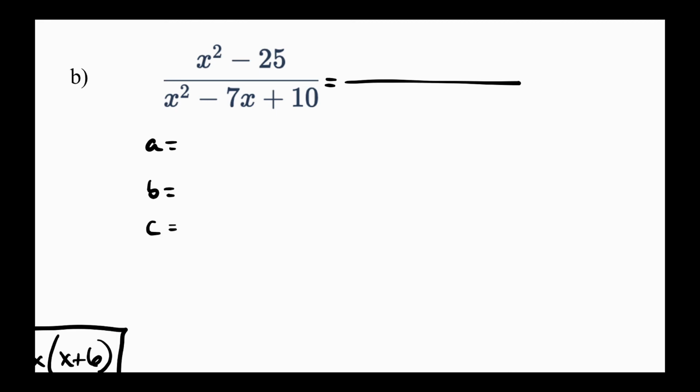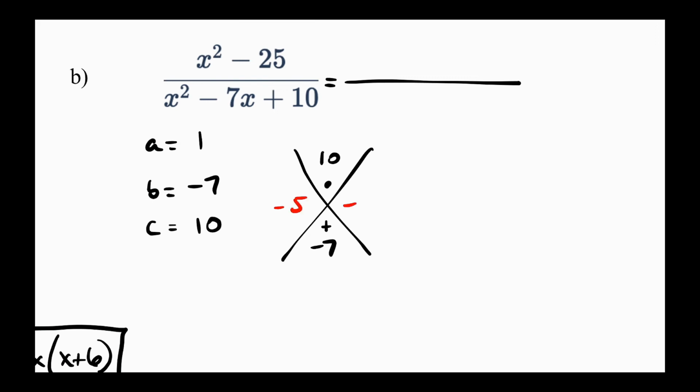You'll go, oh, x minus this and x plus this, or x minus this and x minus that. So I need the two numbers that multiply to be 10, add to be negative 7. Perfect. Negative 5 and negative 2. Good. Okay, bottom's done.